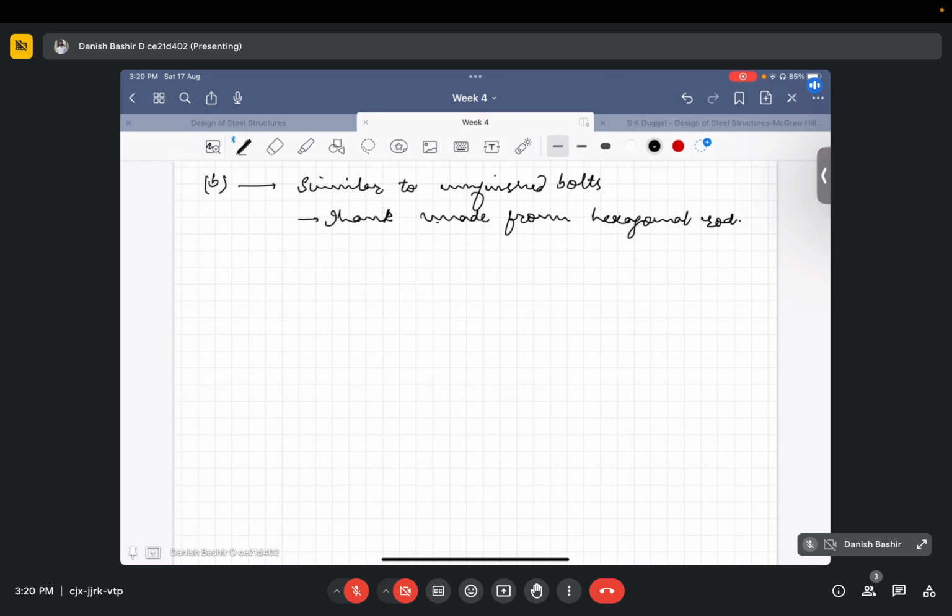Their surface is prepared very carefully and they are machined to fit in the hole. Their tolerance is very small. The tolerance allowed is very small.